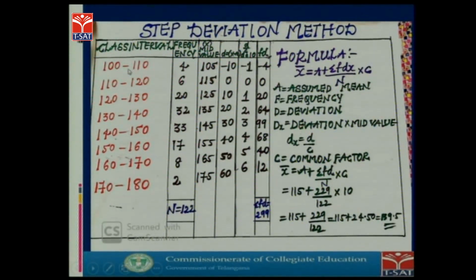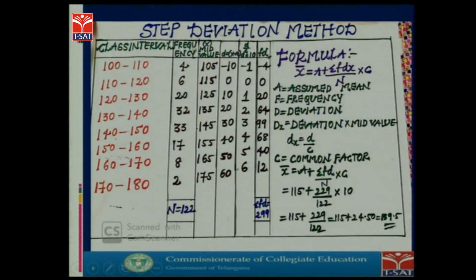Class intervals are given as 100 to 110, 110 to 120, 120 to 130, 130 to 140, 140 to 150, 150 to 160, 160 to 170, 170 to 180. These are the class intervals. Now these are the frequencies, that is 4, 6, 20, 32, 35, 17, 8, 2.